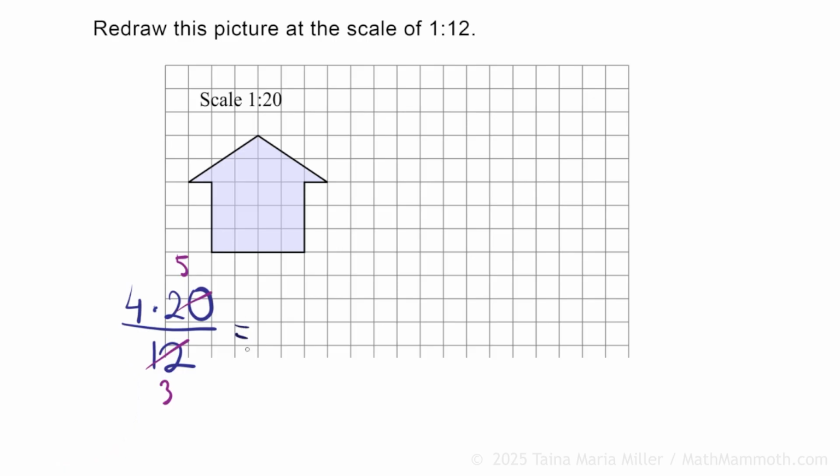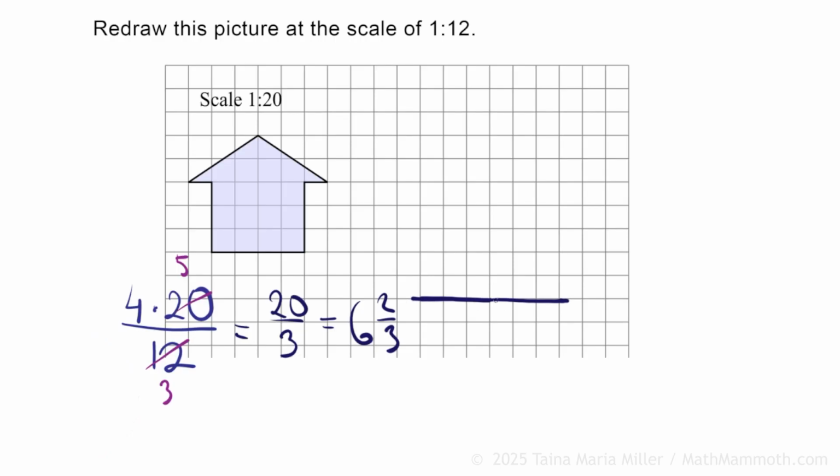And so therefore I get 4 times 5 is 20 over 3. 6 2/3. This side here becomes 6 2/3 units long. I might call 3 units. That's 6 units. Then 1/3 of a unit. 1/3 of a unit on that side.